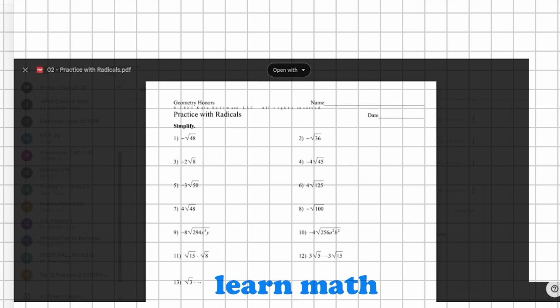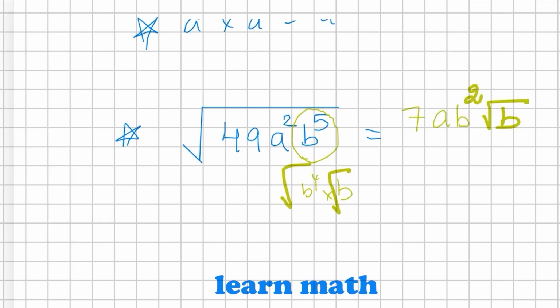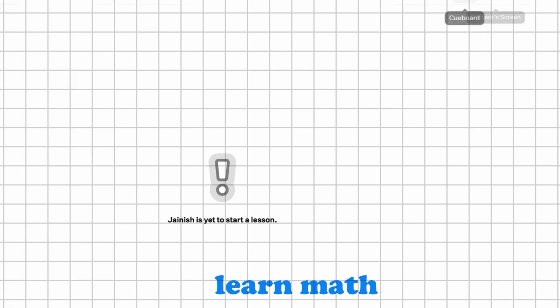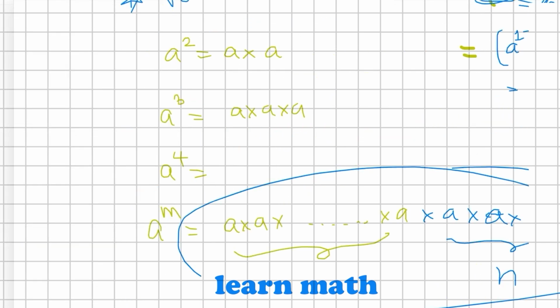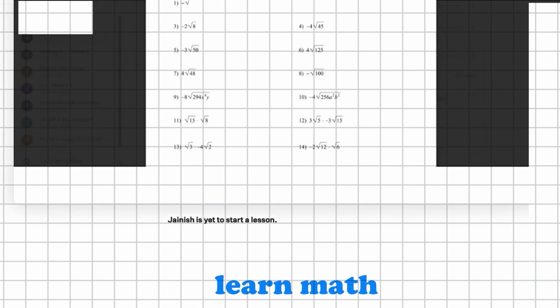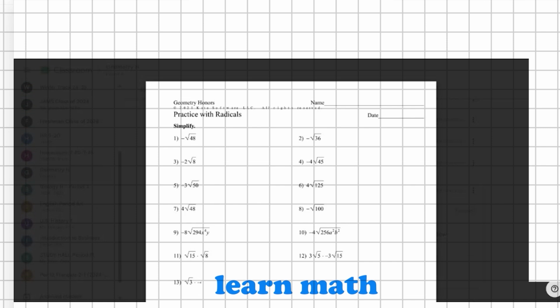Yeah, okay. First one. Negative square root 48. So you try finding a perfect square. Could you do 4 and 12? 12 fours are.